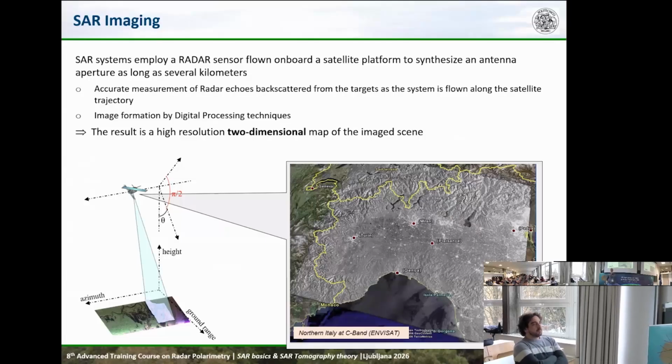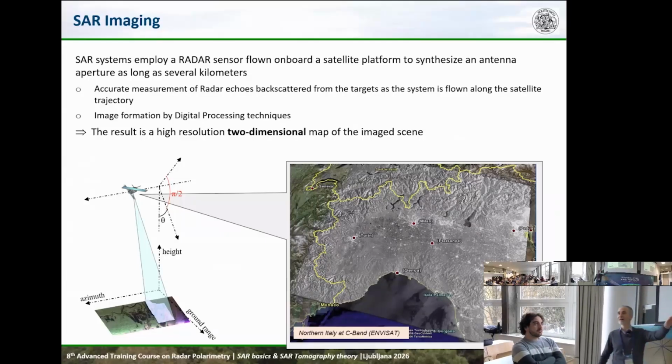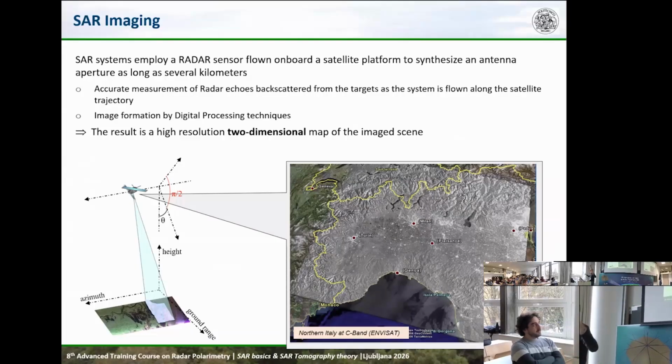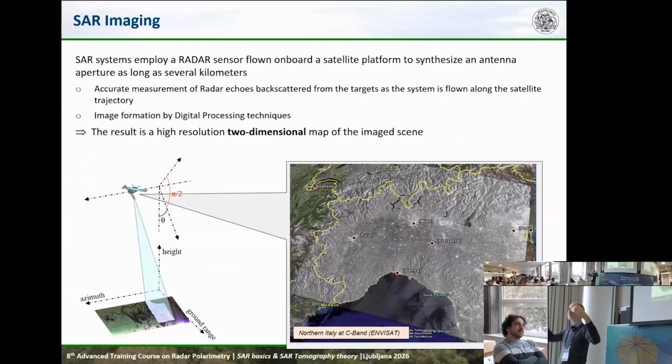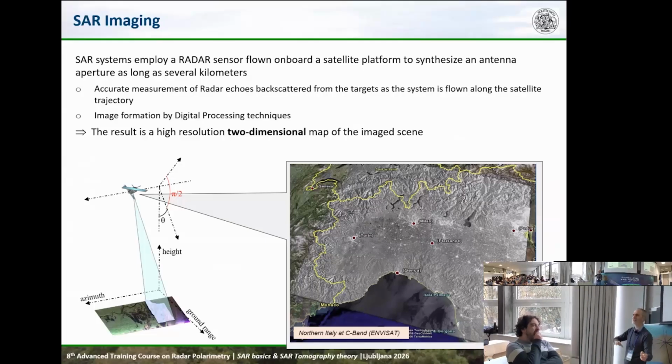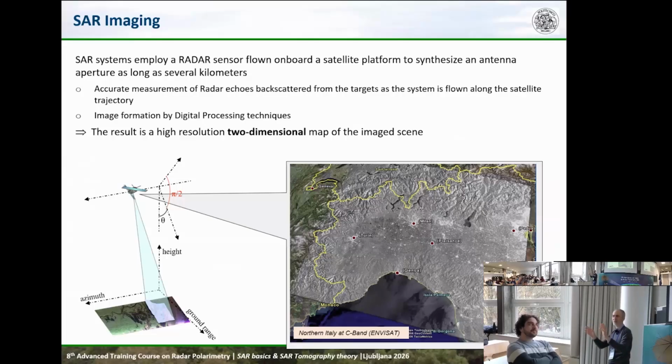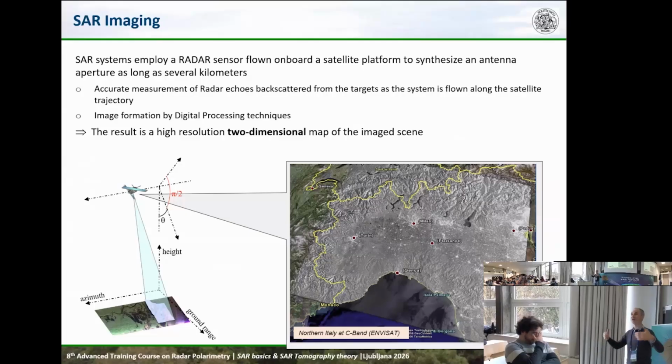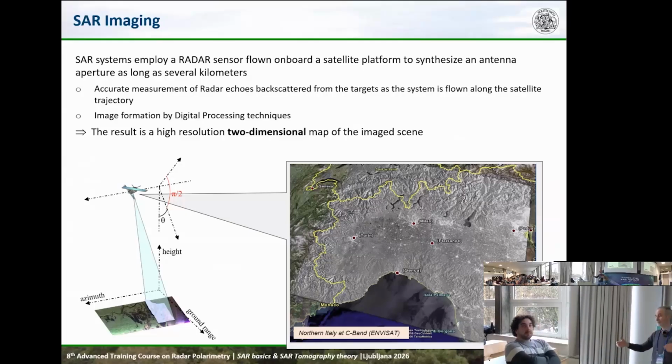So you play this game for a very long trajectory, and then the magic comes. Because if you take all the recorded data and you process them with some, let's say, fancy digital signal processing technique, which we will see at least in its principle, then you can form a high resolution image of the scene. And this is an example.